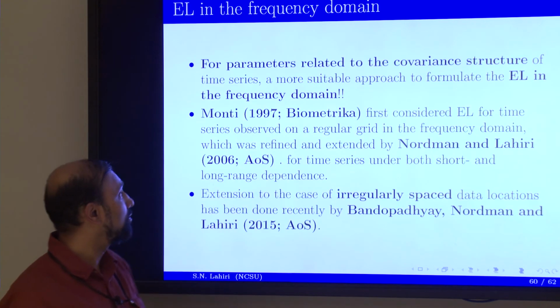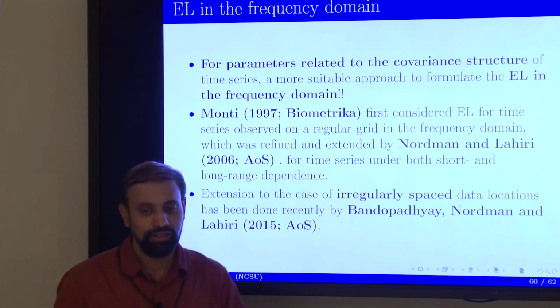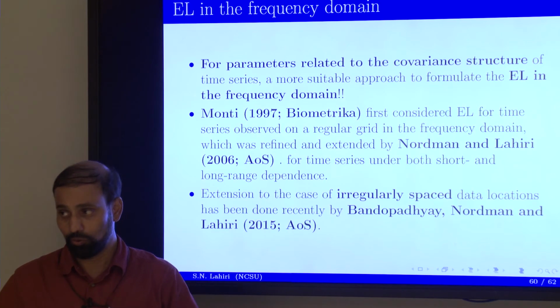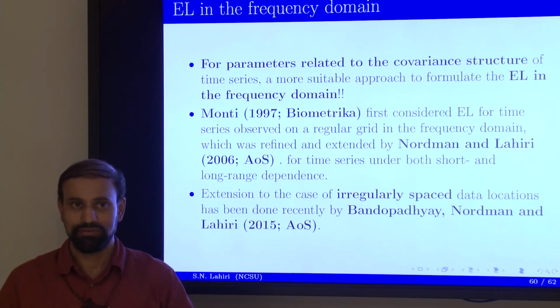If you go to the frequency domain, the life is a little easier because, as I said, in the case where you have regularly spaced time series data, the DFTs, those are the main constructs in the frequency domain, they are asymptotically independent. And when that is the case, you don't have to choose any block size. You can put weights on the corresponding DFTs as long as you are sticking to these Fourier frequencies.